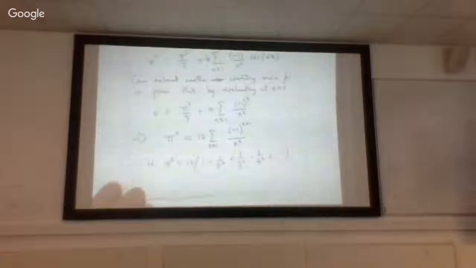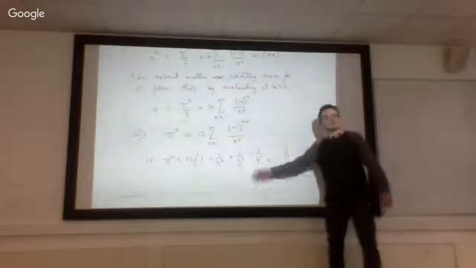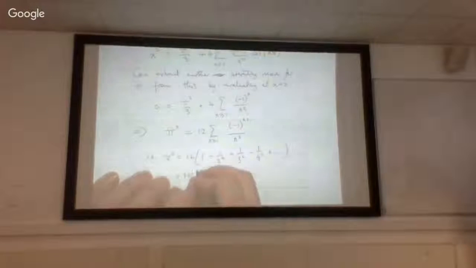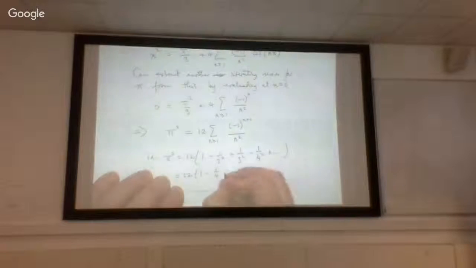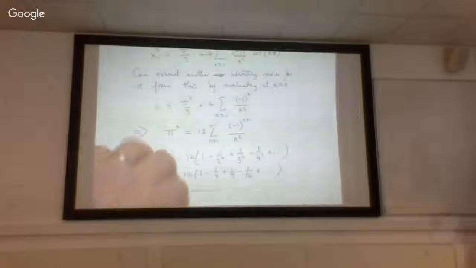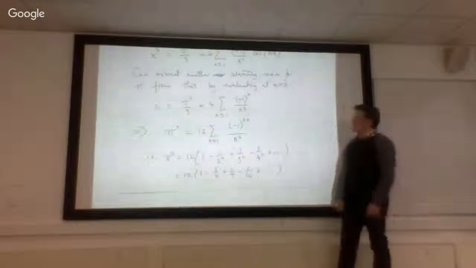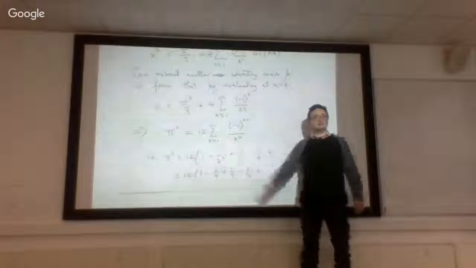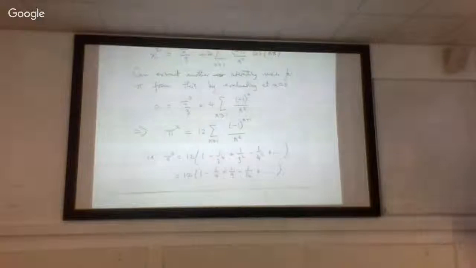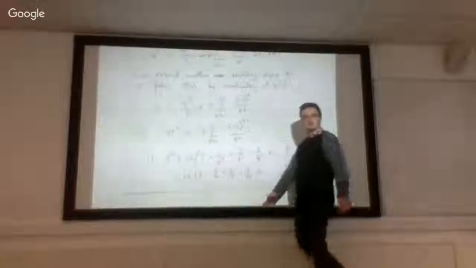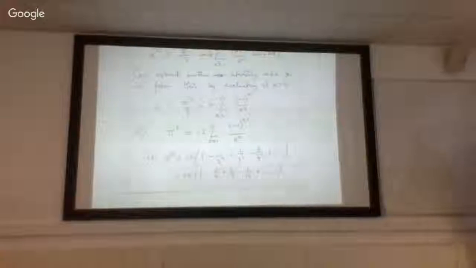So this interesting series with a very simple structure, the alternating series of the reciprocals of the squares of all the integers, plus 1 over 9, minus 1 over 16, etc., is a very simple series to write down. Multiply it by 12, and hey presto, it gives you the value pi squared. Well, it converges to pi squared. 12 times that infinite series.